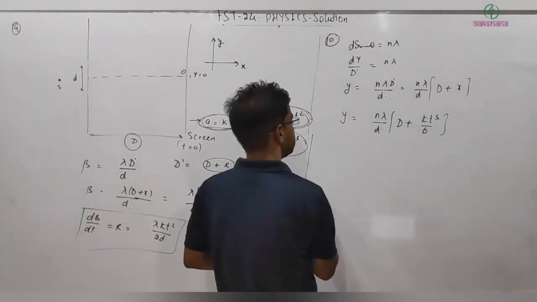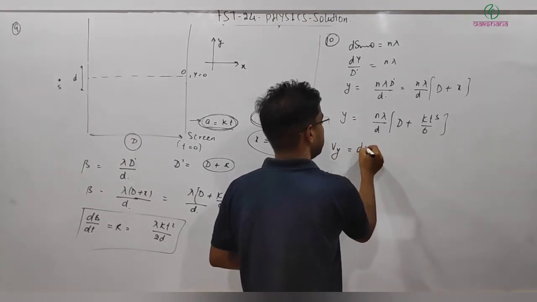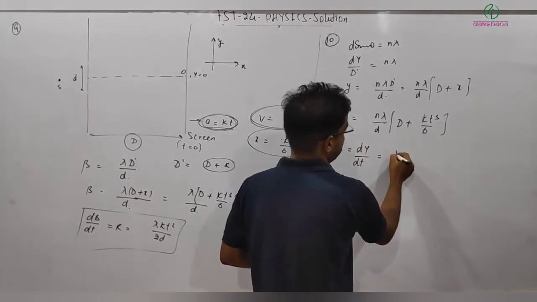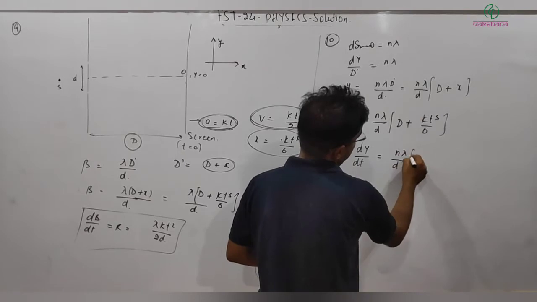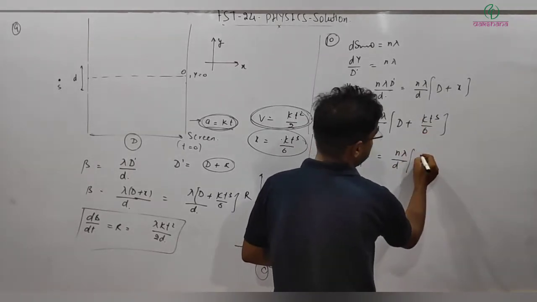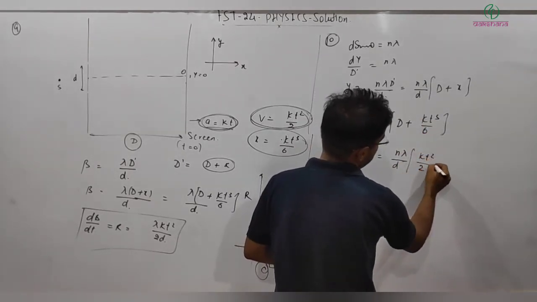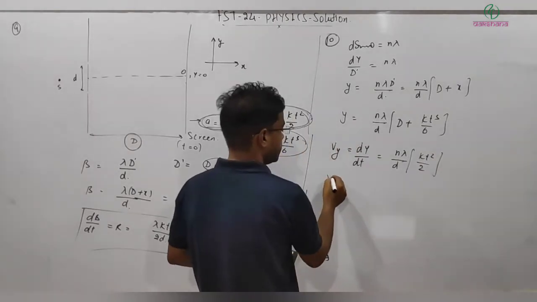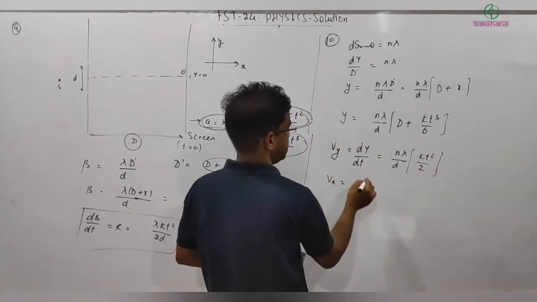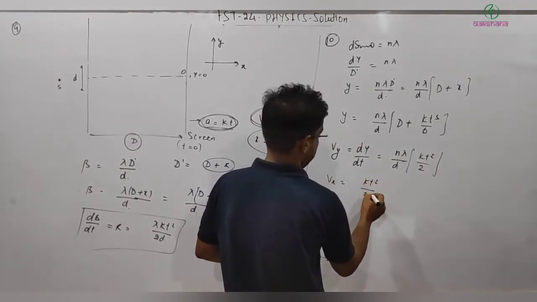Then let me get its vy. vy is equal to dy/dt, and that comes out to be nλ/d, and differentiating it, it will come out to be kt²/2. So this is vy. What is vx? vx is equal to the screen velocity, that is kt²/2.